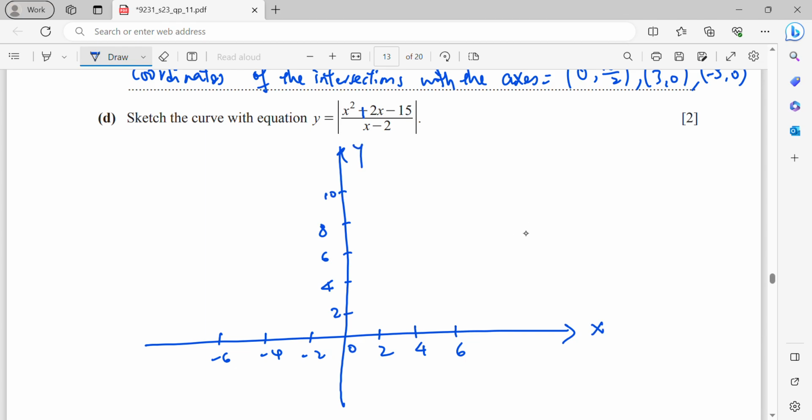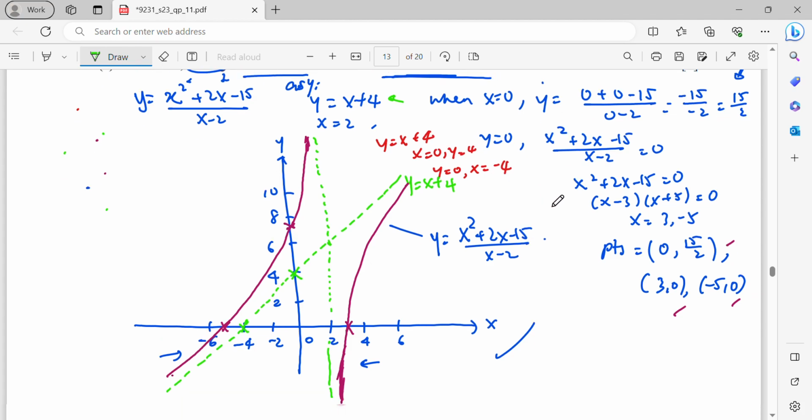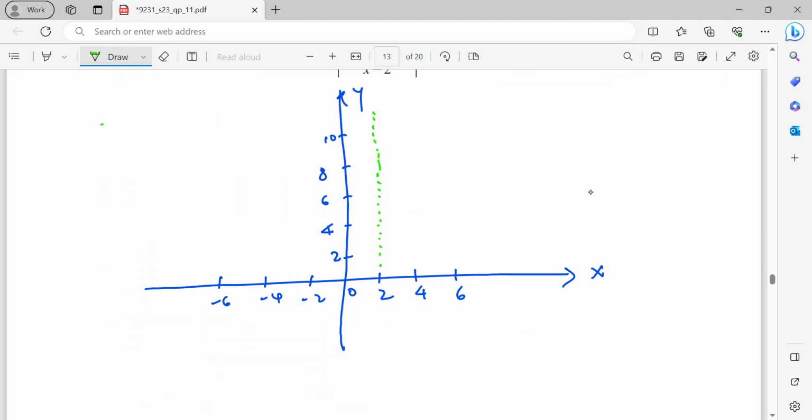Now remember just now we have the asymptotes. And then for the other line, asymptotes, it will be 0, 4, 4, negative 4, 0.